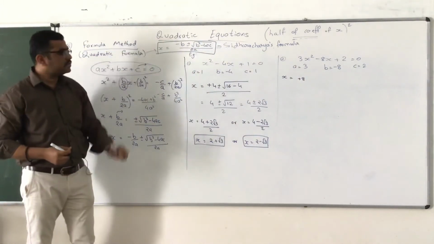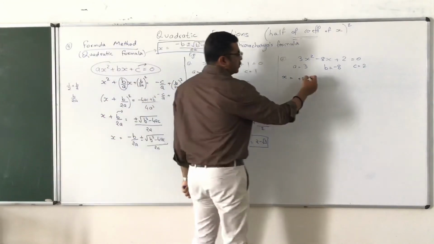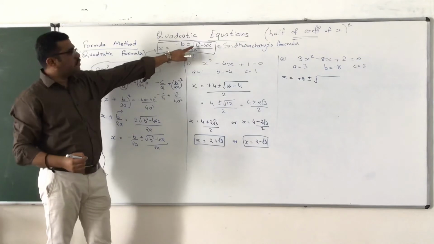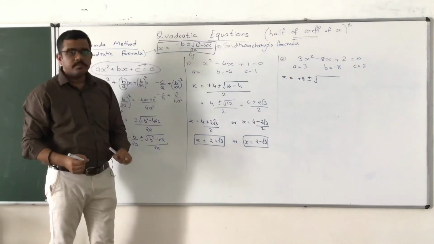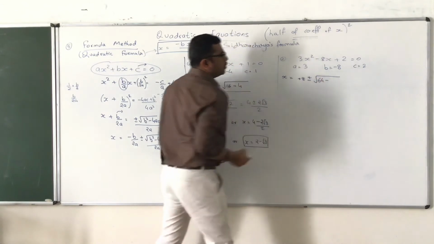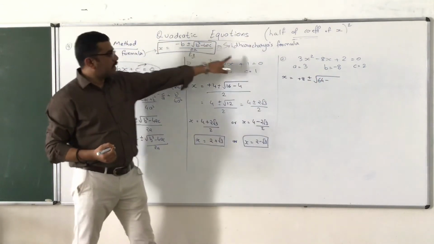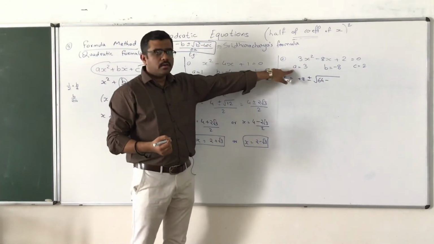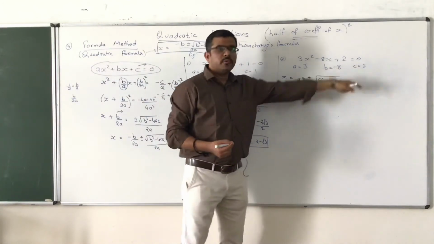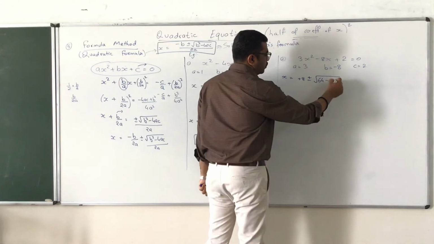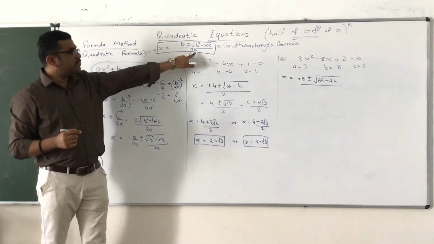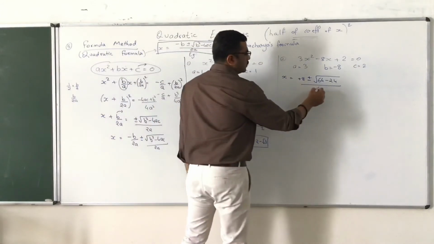So +8 plus or minus square root of b squared minus 4ac. So b squared, that is -8 squared, 64, minus 4 times a, that is 12 in this case, times c. So 12 times 2 is 24. Everything divided by 2 times a, that is 6.